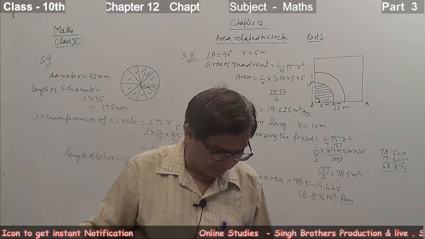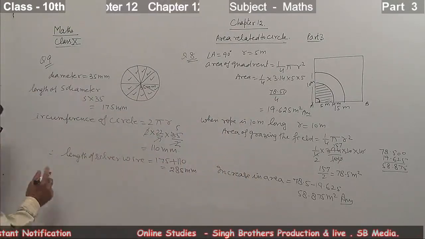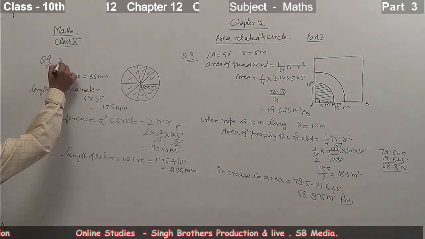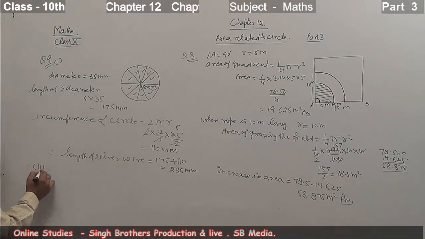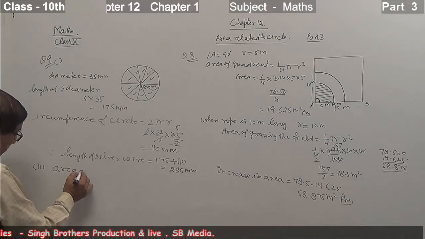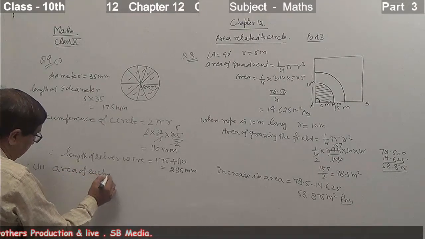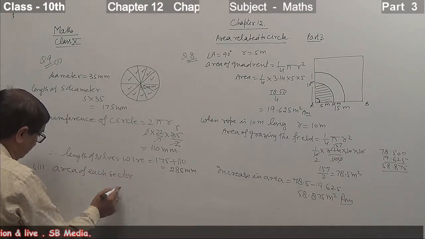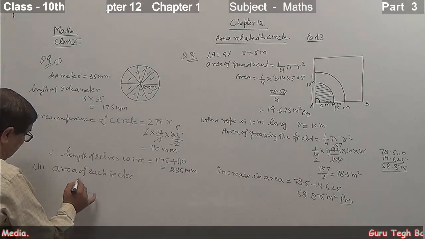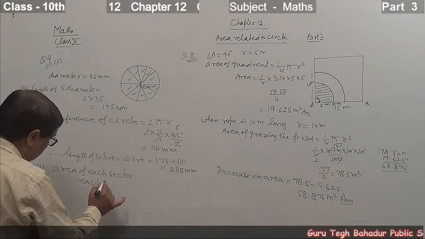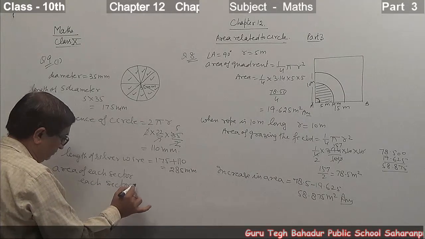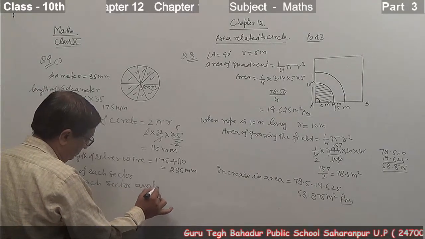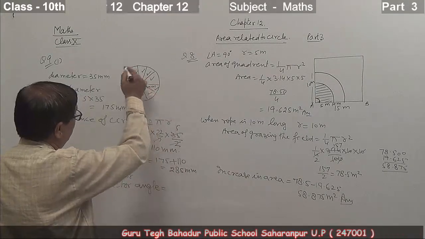The second part is the area of each sector. So each sector angle is divided into 10 parts.